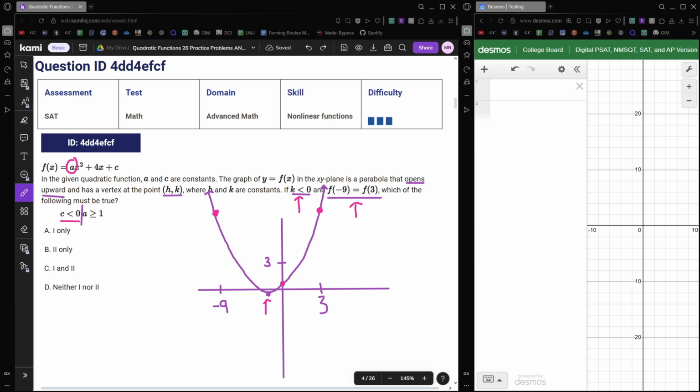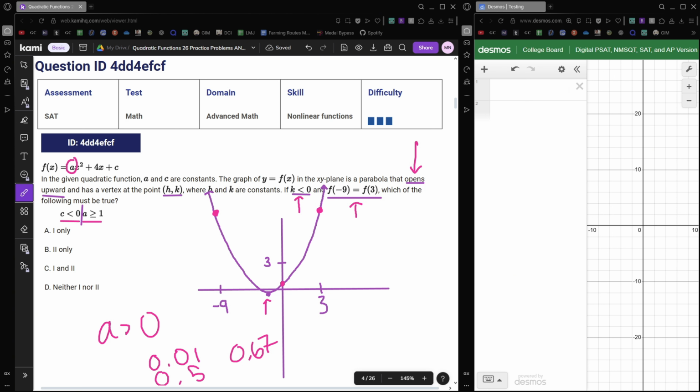Now we know that this parabola has to open upwards, which means that a must be positive. However, a number that's positive just has to be greater than 0. It could be 0.01, it could be 0.5, it could be 0.67. It does not have to be greater than or equal to 1. That means that a does not always have to be greater than or equal to 1.